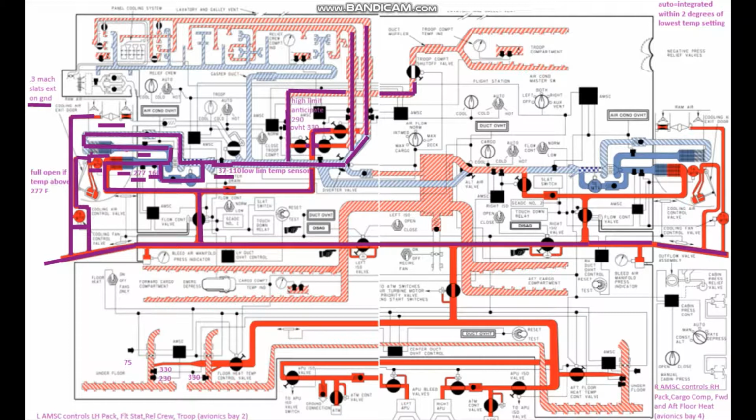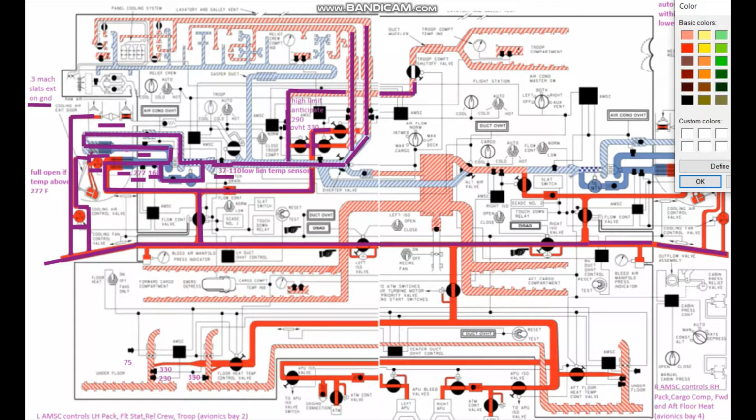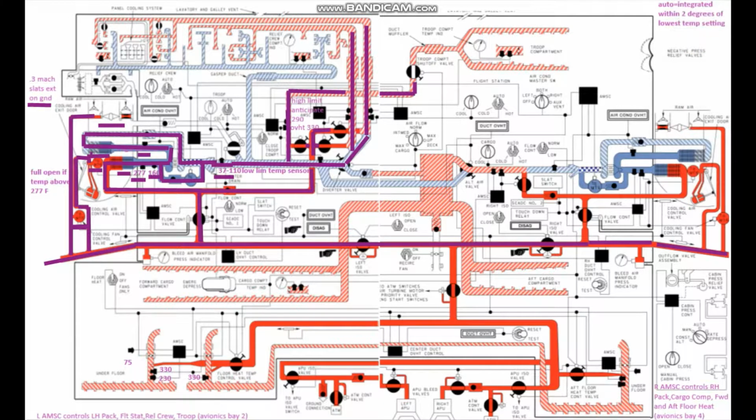I'm going to choose a different color so you can see it better. The AMSC will start cracking open the temp control valve to add hot bleed air into the ducting, which will make its way out to the various compartments or flight deck. Let me see, what's this one? Troop compartment. So this one will make its way up into the troop compartment.